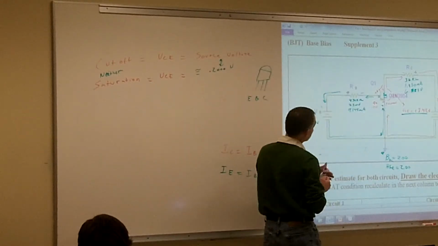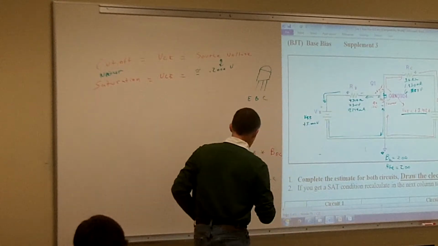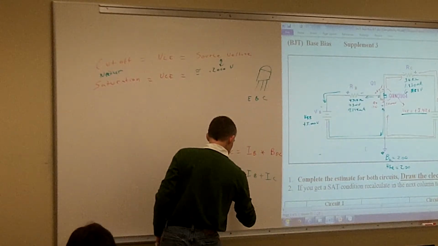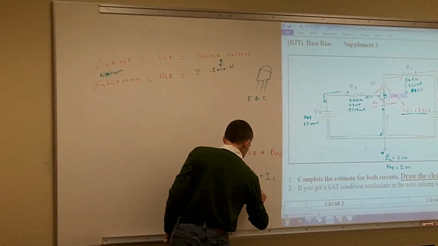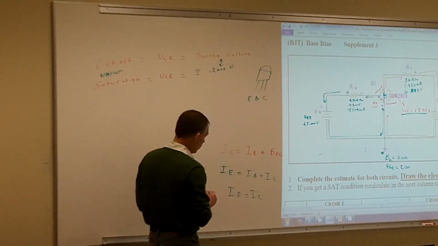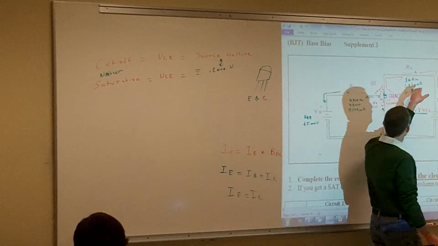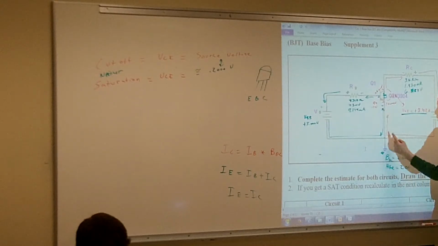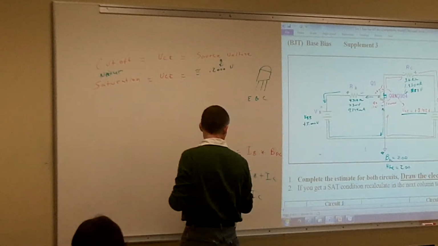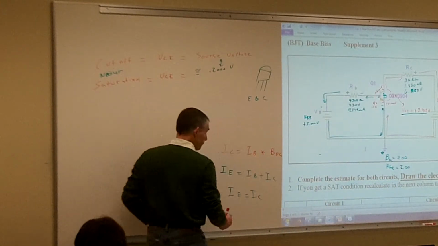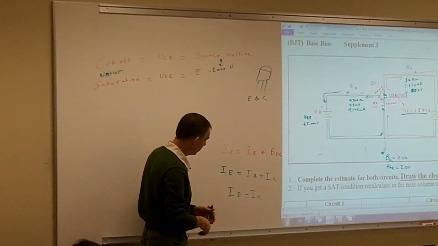But typically, since we have such a small amount of current going through our base, for all practical applications, what we always just say is that IE is going to be equal to IC. So on your calculations or approximations, whatever you determine your current for your collector is, we're also going to determine that's the current going through the emitter. But in reality, it is that IE is equal to IB plus IC. But for approximations, we can just say IE is equal to IC.